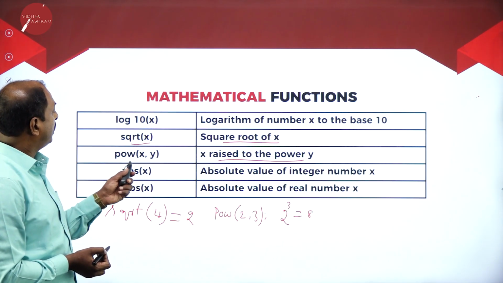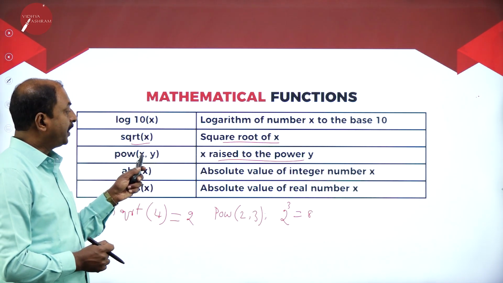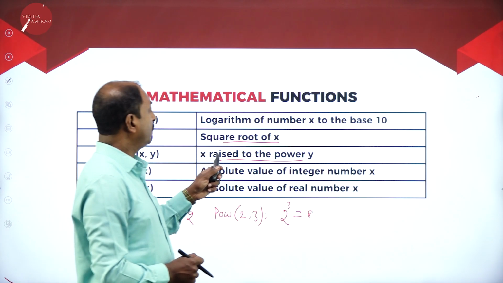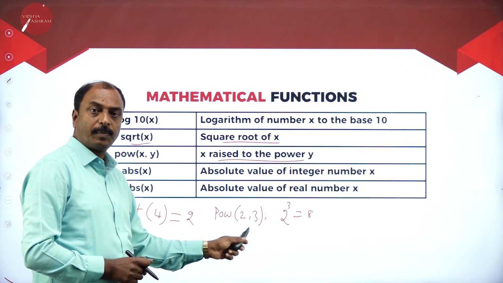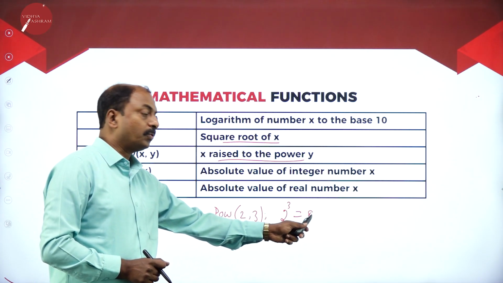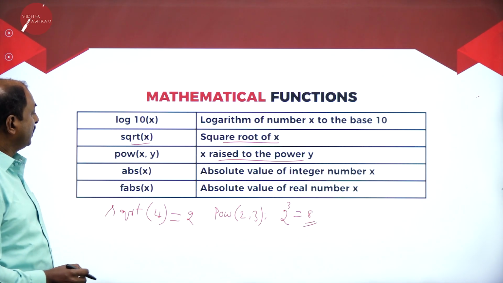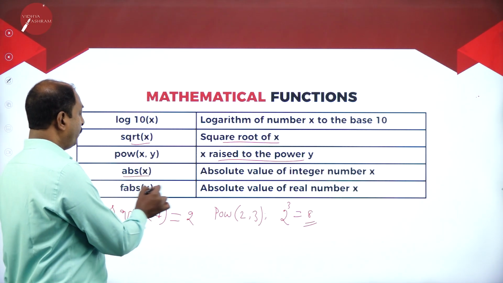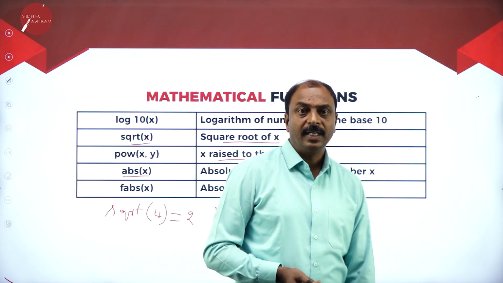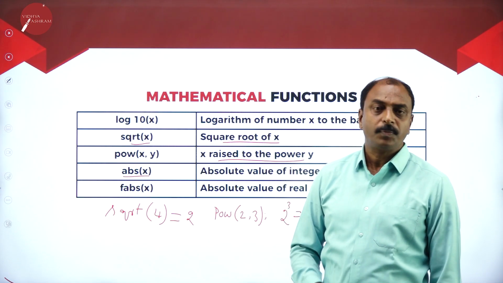So one of the mathematical functions is the pow power function. It gives the value x raised to the power of y. The example is pow(2, 3), 2 raised to the power of 3, which is equal to 8. Similarly, we have the absolute value of x, fabs of x. These are a few mathematical functions we can use in our program.